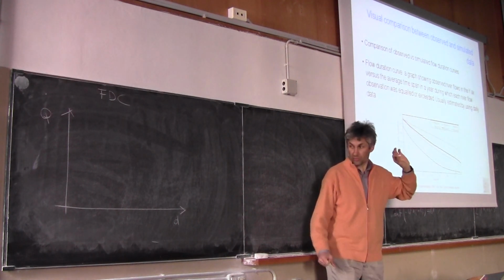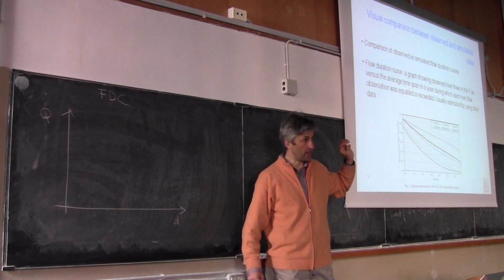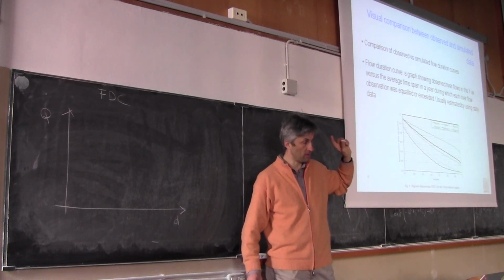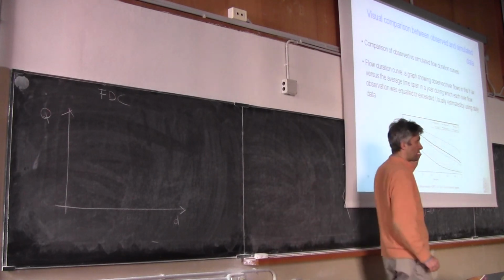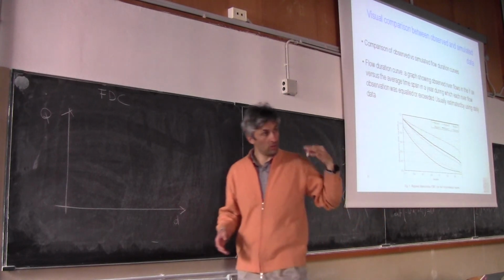Again, it reports on the abscissa the time. I will be more precise later what I mean with time, but it reports on the abscissa the time in which a given river flow was reached or overpassed.